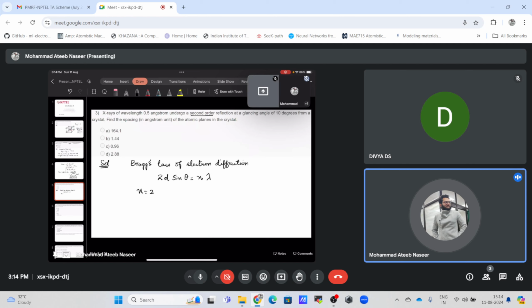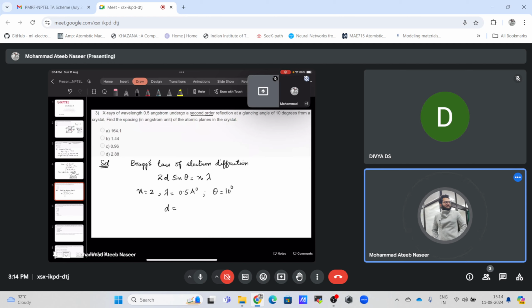So this is a second order reflection. Lambda is equal to 0.5 angstrom and theta is equal to 10 degrees. So we need to find this d.